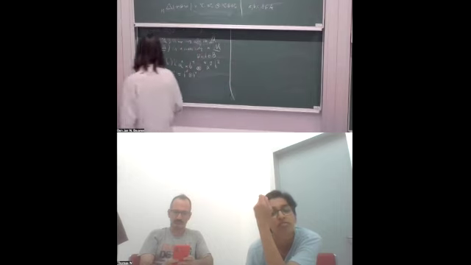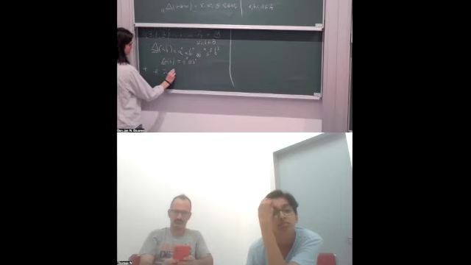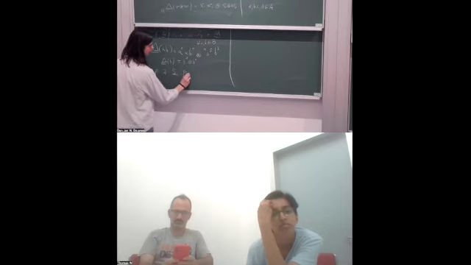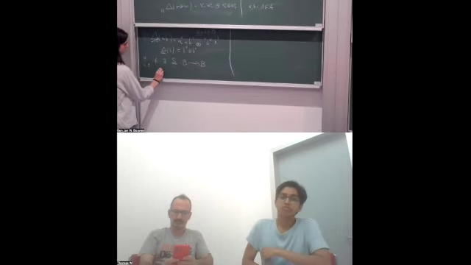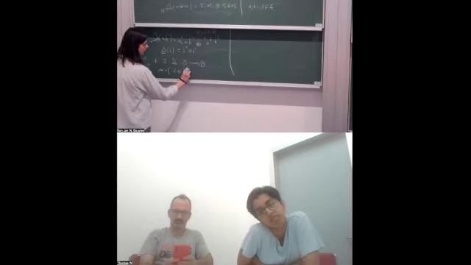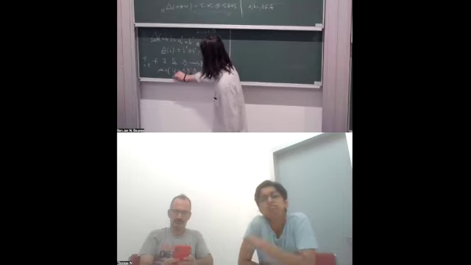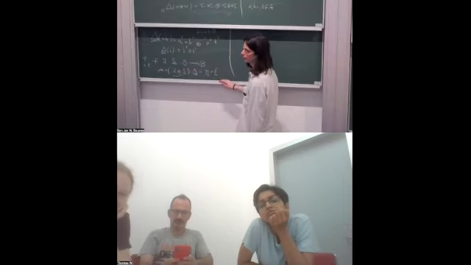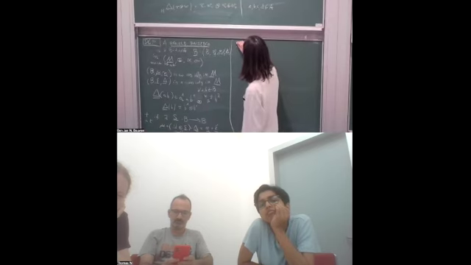Plus, if you have an antipode, if there exists a map S underlined from B to B called the antipode, such that the usual compatibilities are satisfied, and also flipping these two, then B underlined is a Hopf algebra in a braided monoidal category, or a braided Hopf algebra.